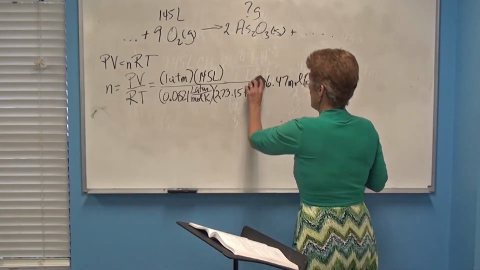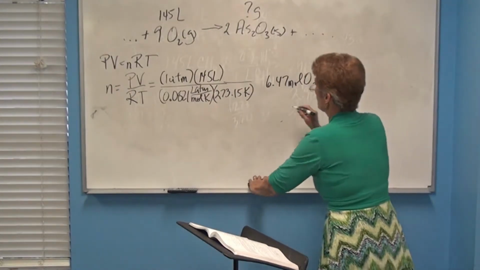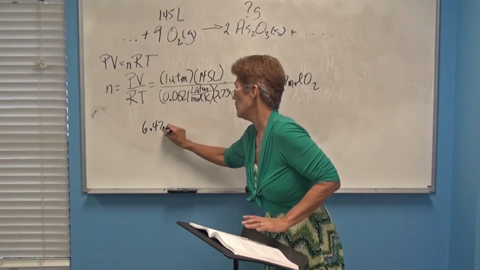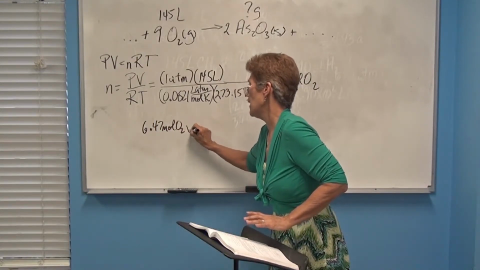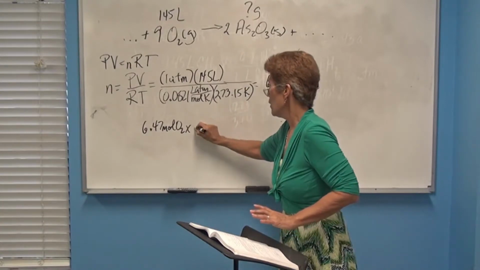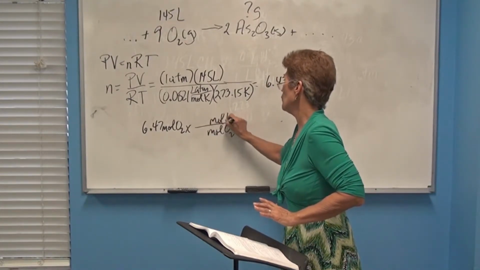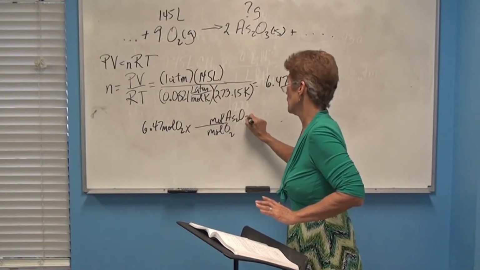And once you have that, now, you know what, I'm going to go ahead and use that down here. 6.47 moles of oxygen. Now I can go from here to here. So moles of oxygen to moles of the product.